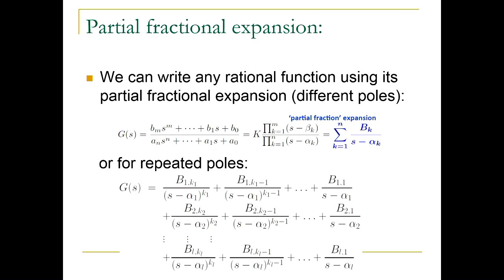So look, in any case, you start from a transfer function, you want to find an impulse response. We can rewrite this, if we have repeated poles, either like that, or if we have distinct poles, we can write it like that. Now, taking inverse Laplace transform of this would mean that the impulse response is a sum of some functions. So we now want to look at what sort of functions we can get in this sum.